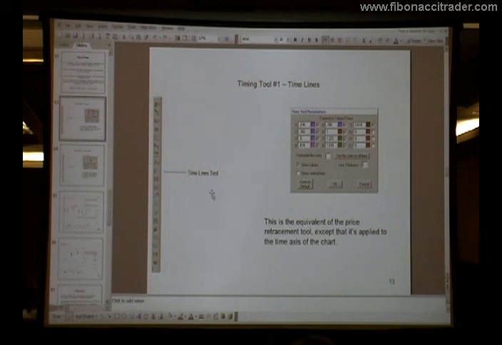I got to admit, when I started to do timing, it took me a while to wrap my head around it, because it seemed very strange to me, the idea of using terminology even like time retracements, because it sounds like you're trying to go back in time. And it's very strange to see timing work when you actually spend the time to learn to do this and you do find these timing confluences.